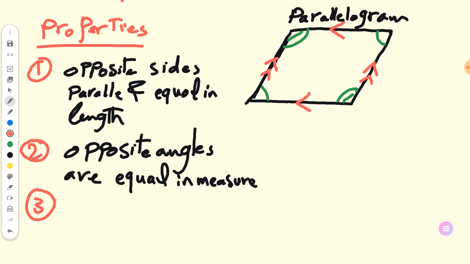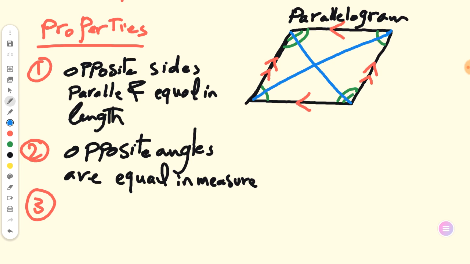Third, the two diagonals bisect each other. What are the diagonals? The diagonals connect two vertices of the parallelogram which are not consecutive.